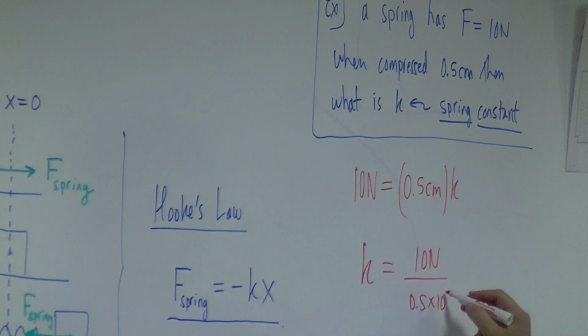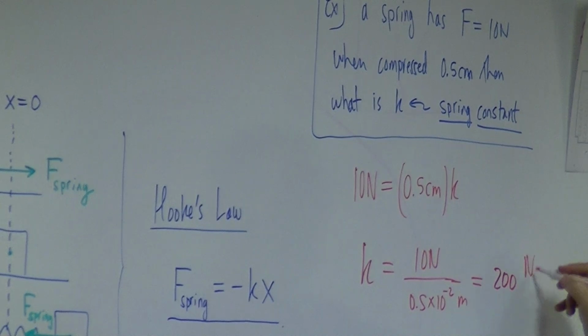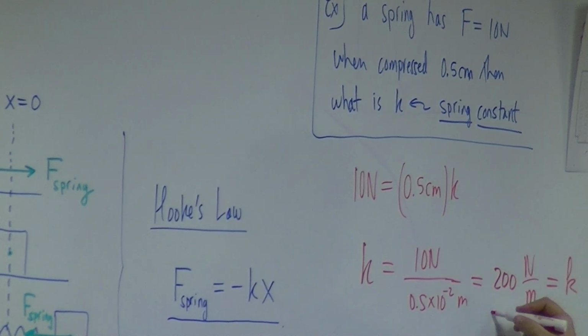That's 10 to the minus 2 meters. Usually you want to give it in terms of newtons per meter. I think that's 200 newtons per meter if I haven't made a mistake, which is, well, anyway, you guys tell me if I made a mistake.